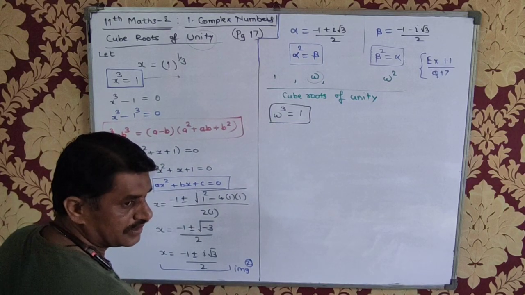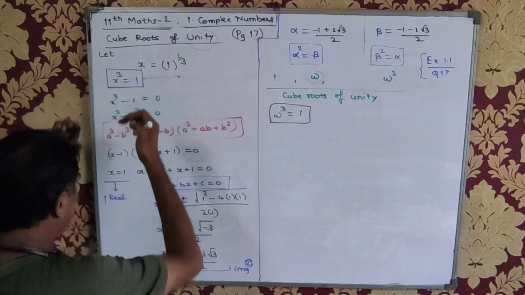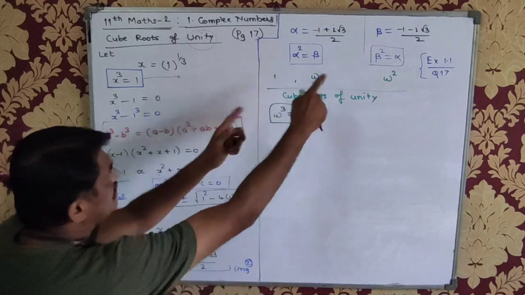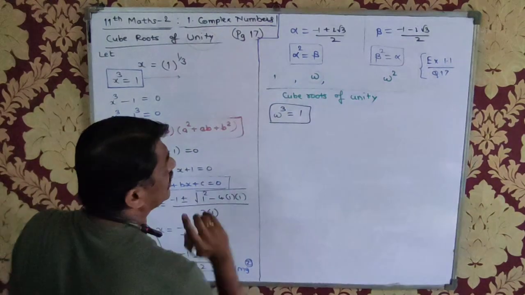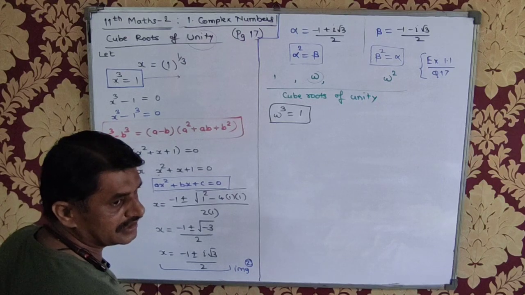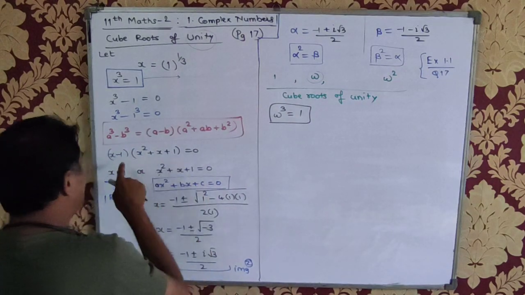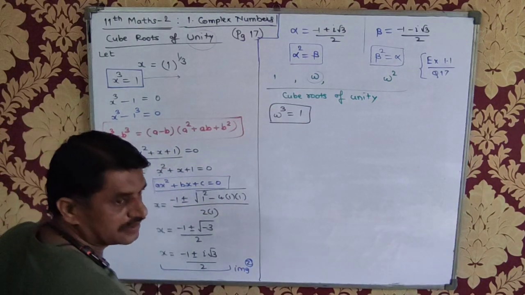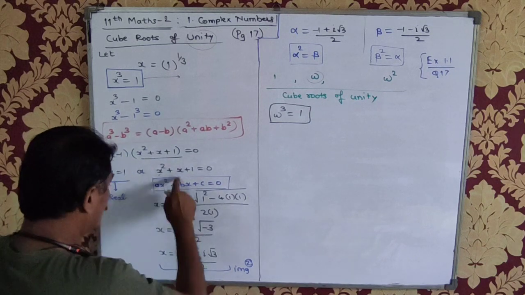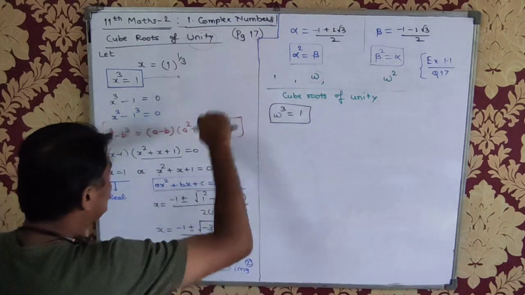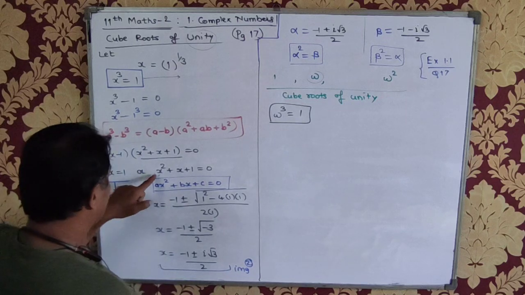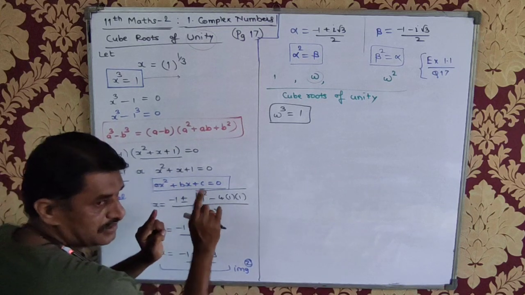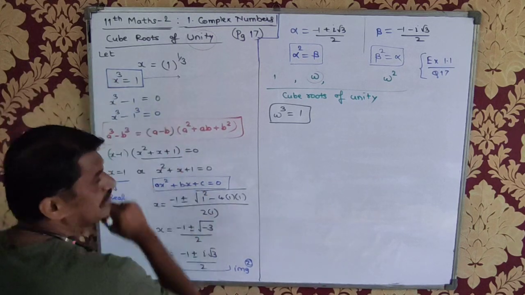Is this okay? Further, when this goes further, I got this equation. This equation has given me two answers, omega and omega square, isn't it? The answer of this equation is not 1, the answer of this equation is 1. So omega will satisfy this equation, because its root is omega. So in place of x, I can write omega. 1 will not satisfy this equation; 1 will satisfy this and this equation.